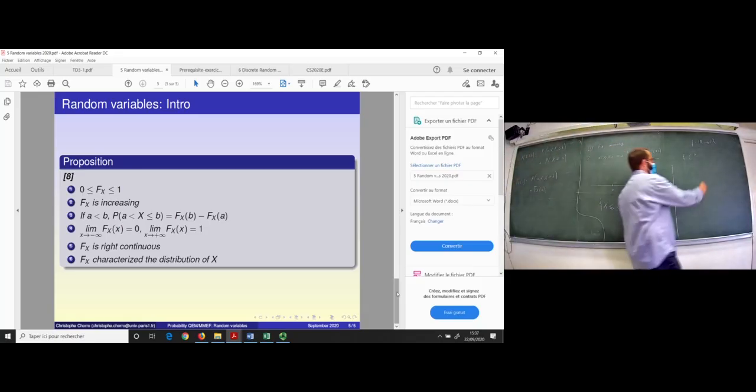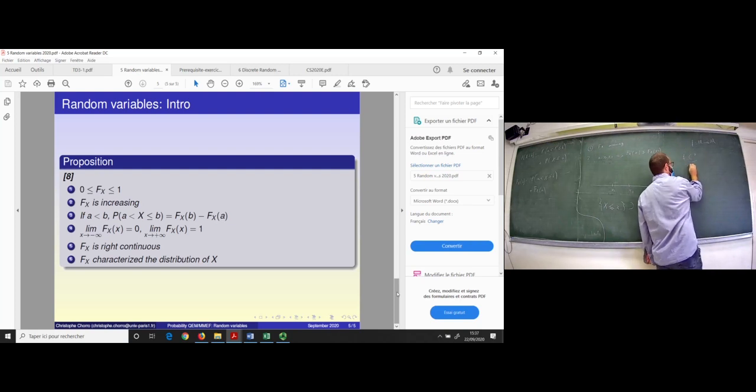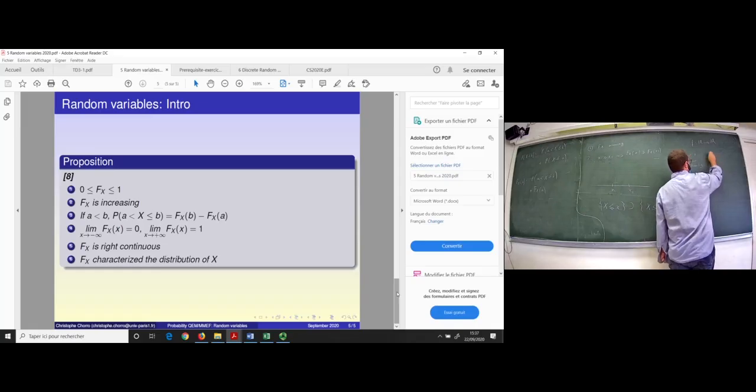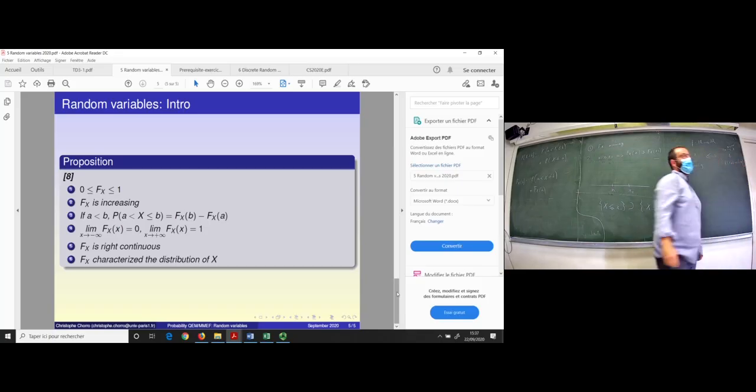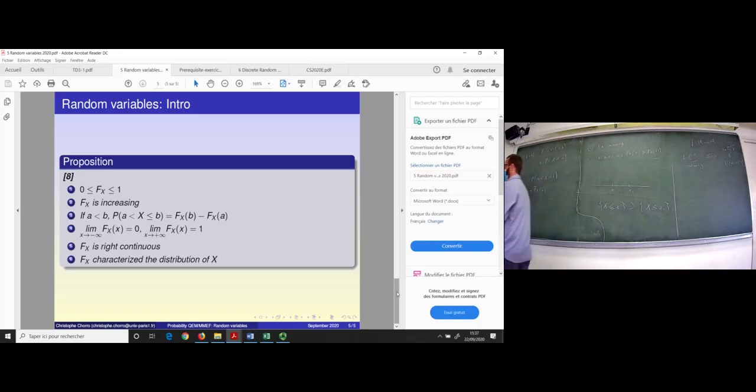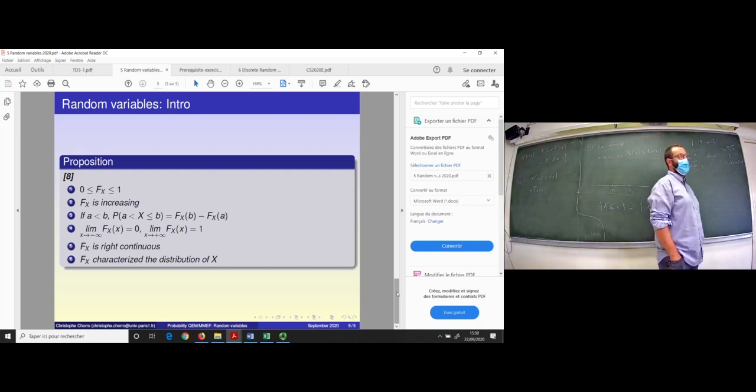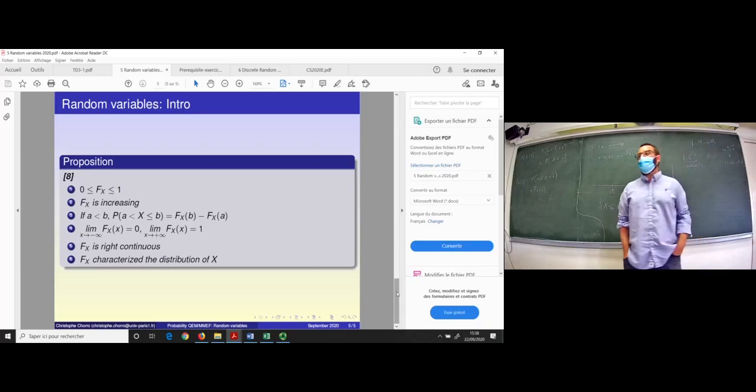It means that any time I take a sequence xn converging toward x when n goes to plus infinity, then f of xn converges toward f of x. This is the sequential definition of continuity of a mapping. F is continuous if and only if, when I have a sequence xn that converges toward x when n goes to plus infinity, f of xn converges toward f of x.